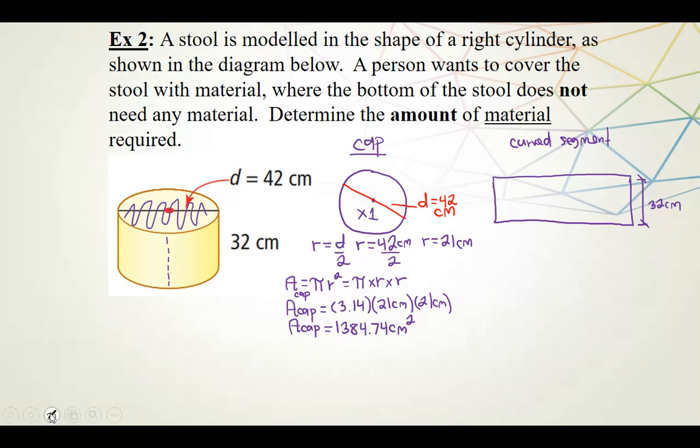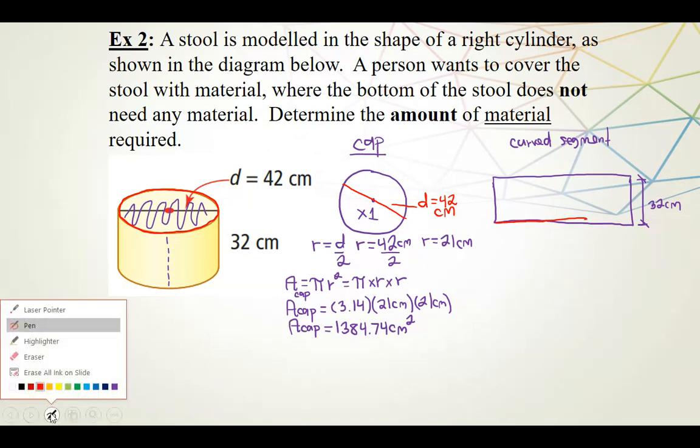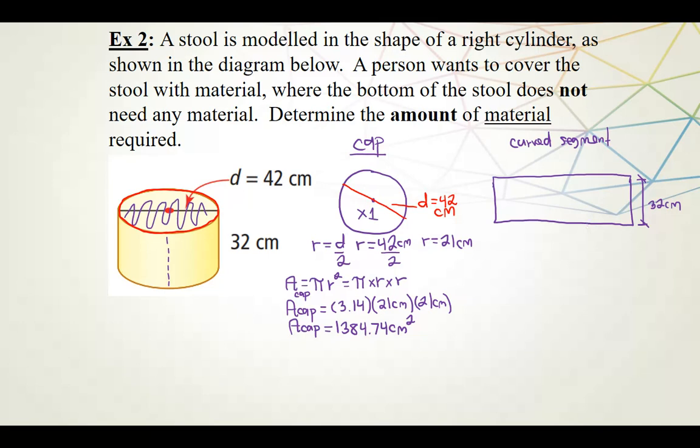And then the circumference of the circle, if you unfold the label, is going to be this bottom length. I don't like how I drew that. The circumference of the circle is this bottom length here. Now, I can actually calculate the circumference right away because I already know what the diameter is.